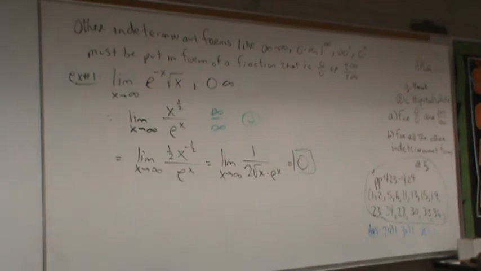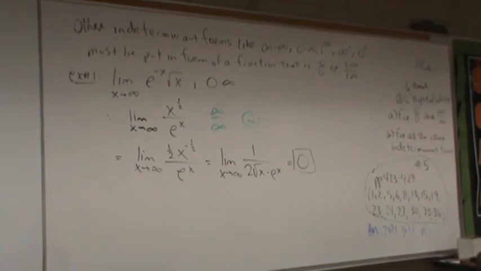Okay. Here's the last type of problem I've got to deal with, the indeterminate forms involving exponentials. I'm only going to have time to do like one example, and I'm hoping that's going to be good enough for you guys.